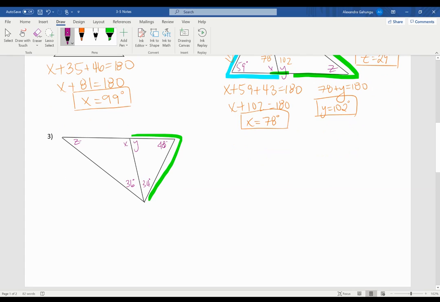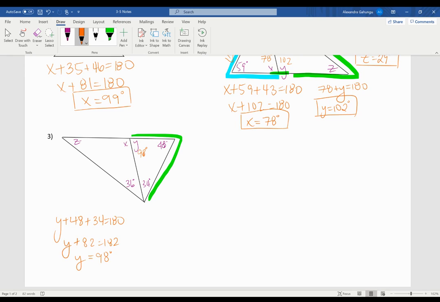And I'll get 34, 48, and y, all those added together should add up to 180. So I get 82, and so I'll get 98 for angle y. That's where y is, so I'll write that in.